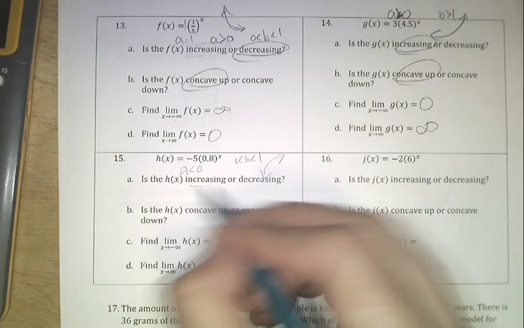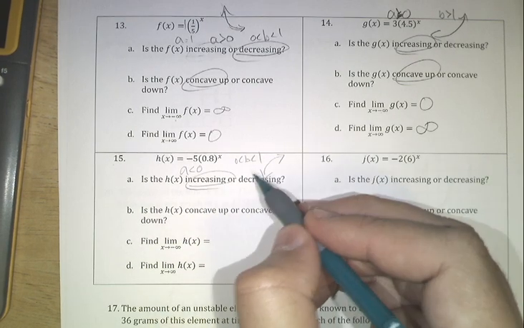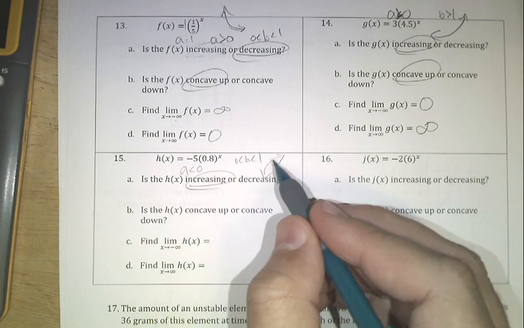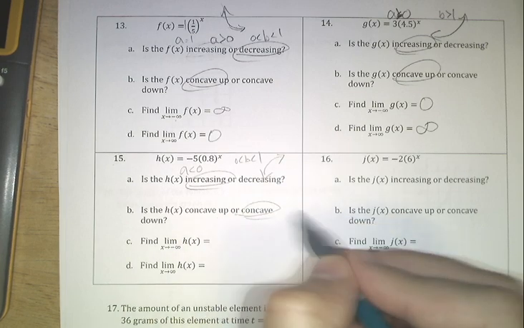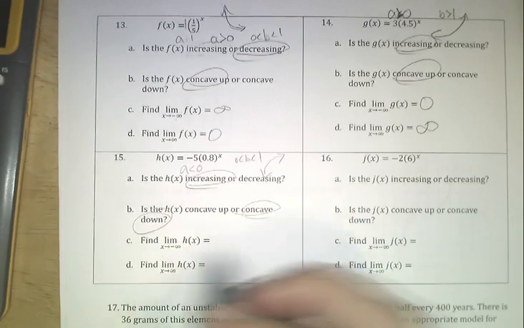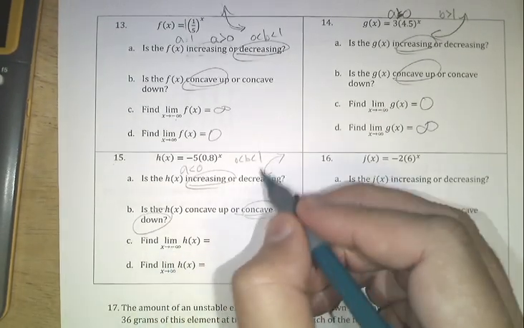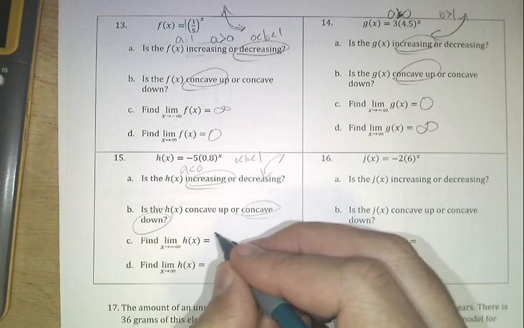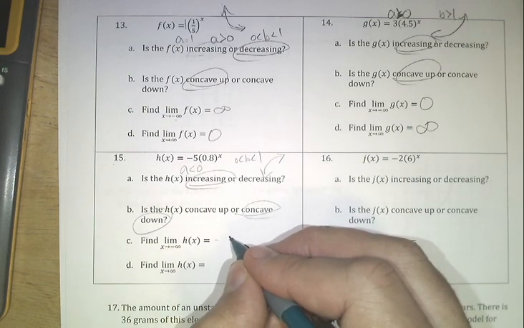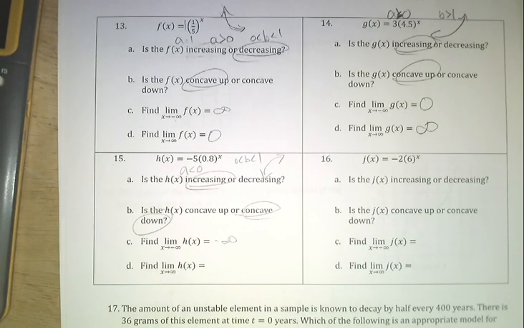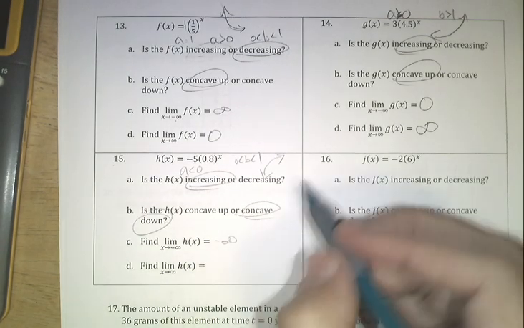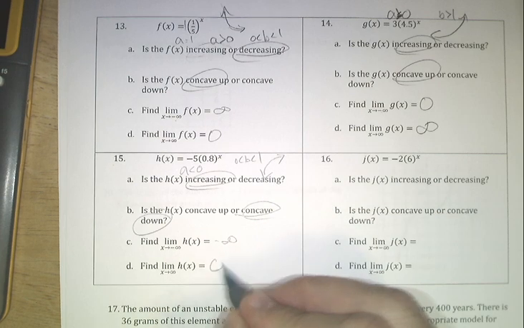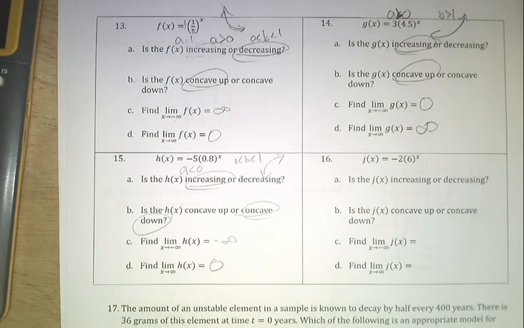Now this is increasing. We're going up from left to right. It is concave down. The limit on this side, the left-hand limit as x goes to negative infinity, h of x goes to negative infinity as well. And then on the other side, it's going towards 0.